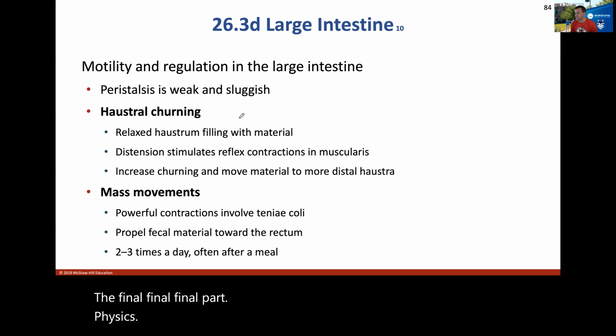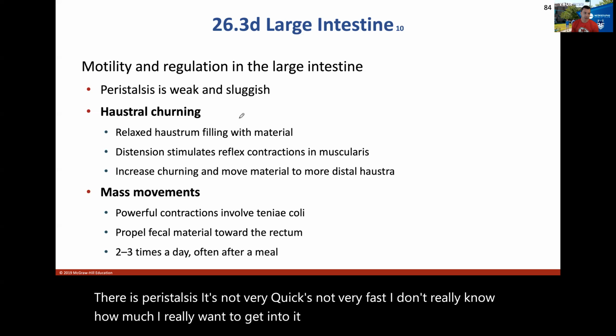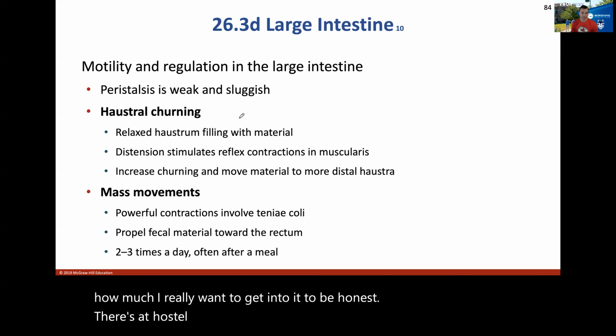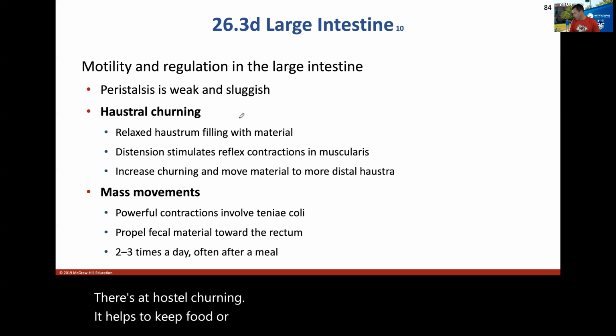There's peristalsis. It's not very quick, not very fast. I don't really know how much I want to get into it, to be honest. There's that haustral churning. It helps to keep food or chyme going forward through the system. There are some mass movements as well, initiated by the taenia coli.